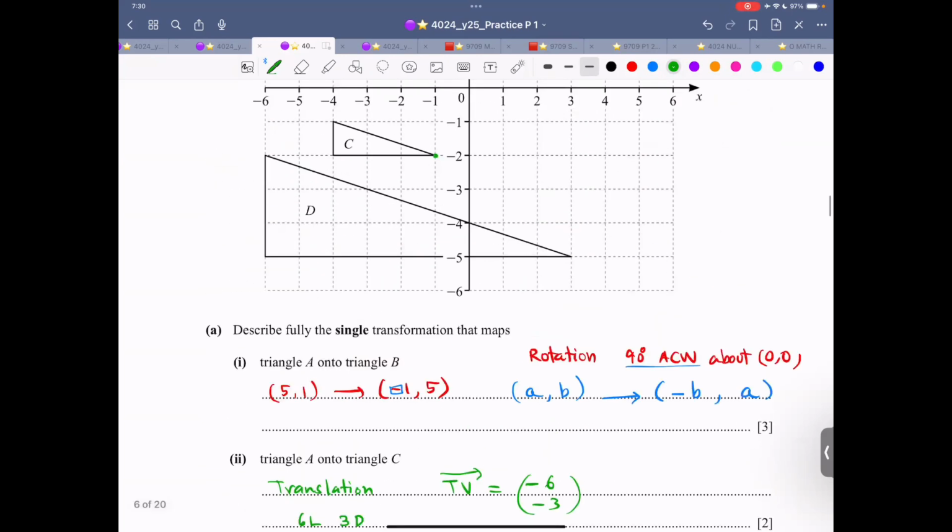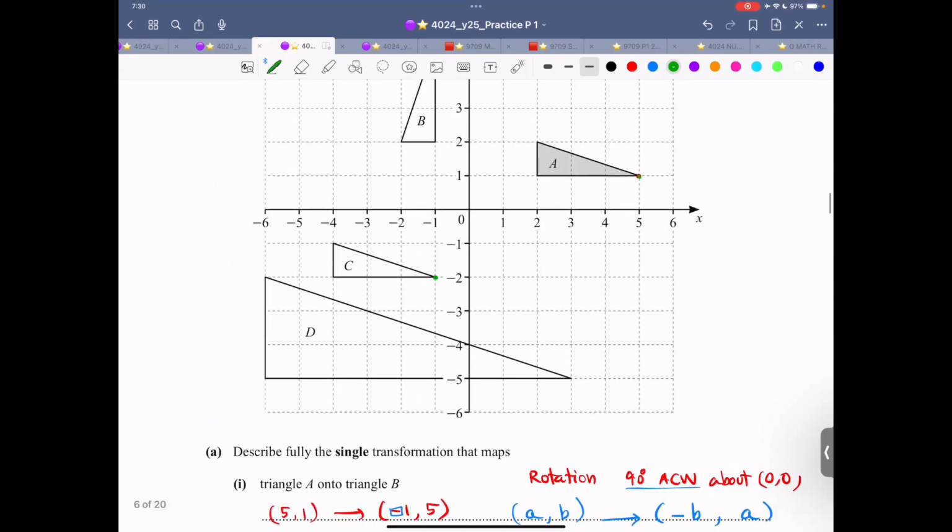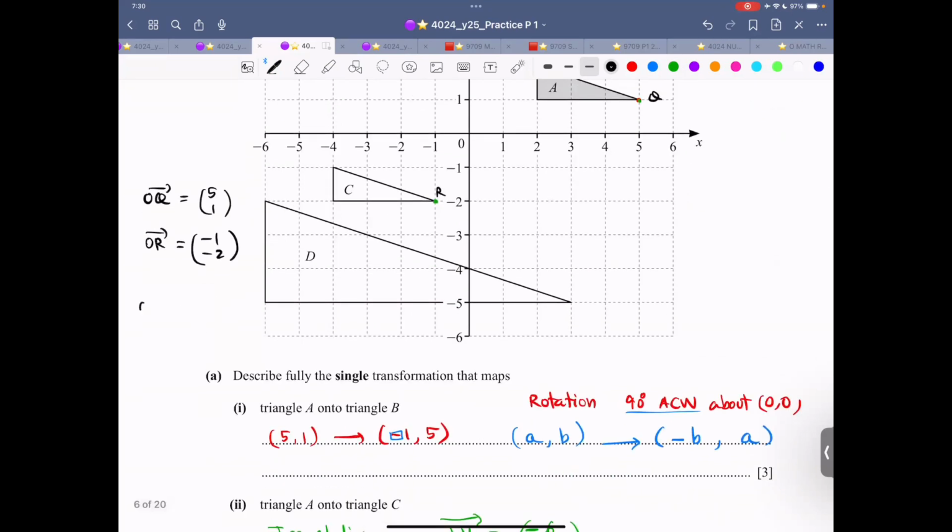That's one approach. Now, some people let me label this point as Q and this point as R. So the position vector of Q, OQ, is (5, 1), and OR is (-1, -2). That means the original point OQ plus the translation vector is OR.